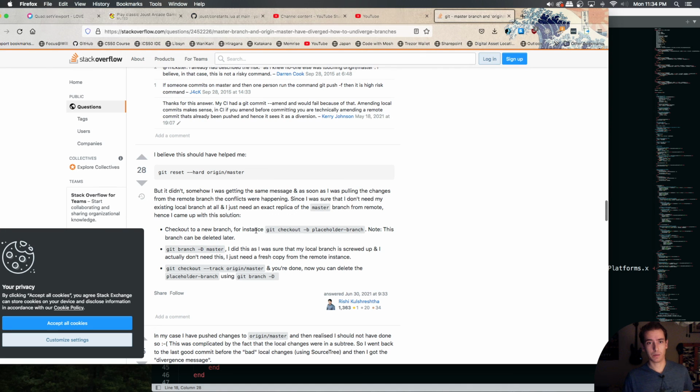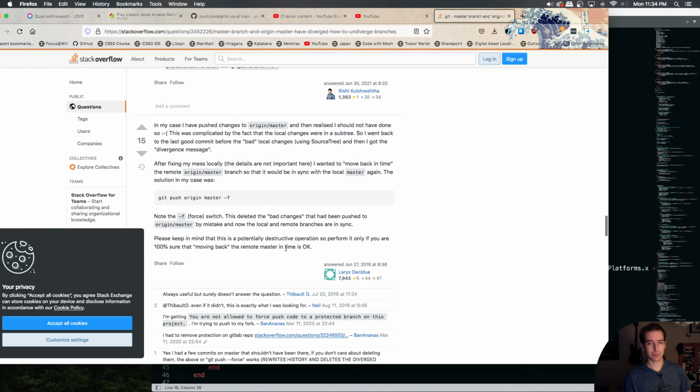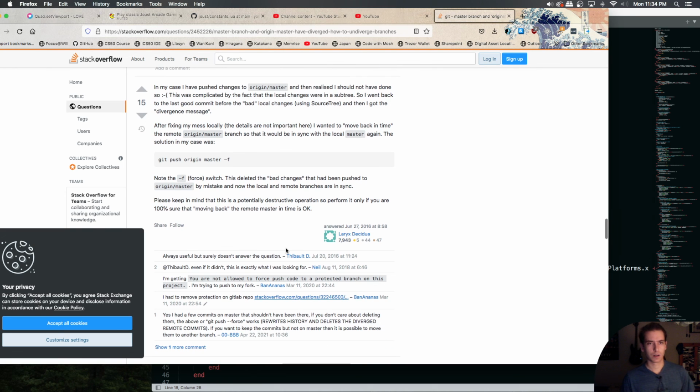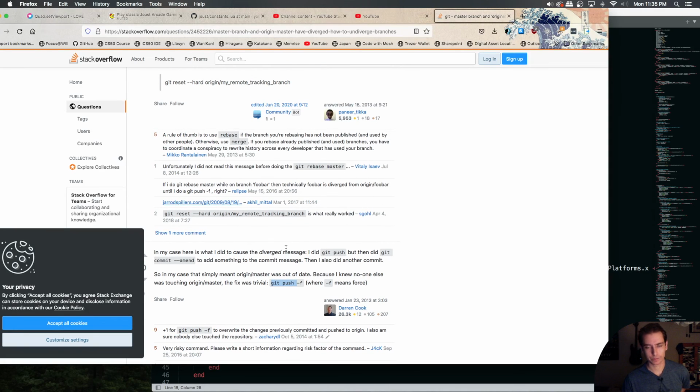See, this is kind of what I was saying. I was saying we can make a new branch, put it on there, then merge the branch, but then we still have those issues. I'm gonna try git push -f, because it should be as simple as that.